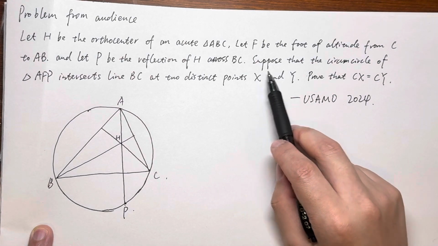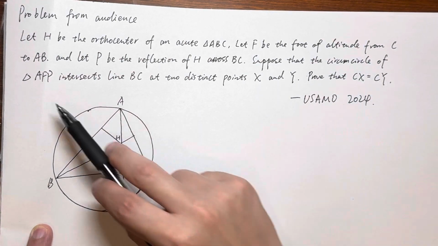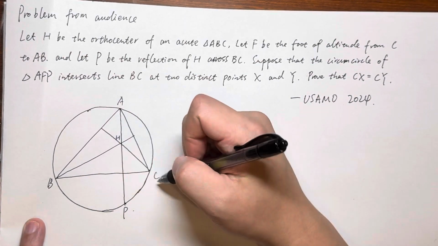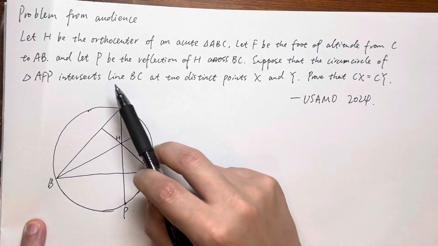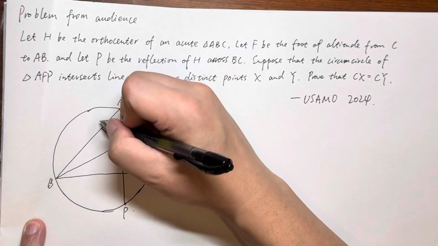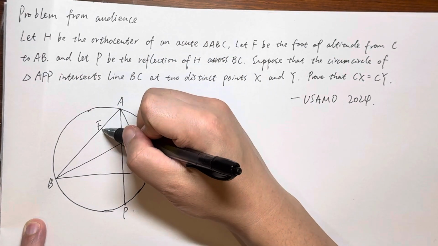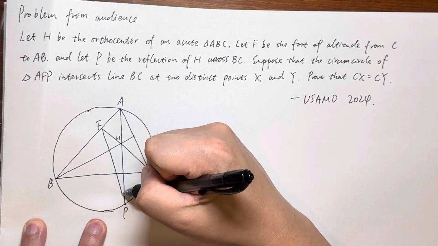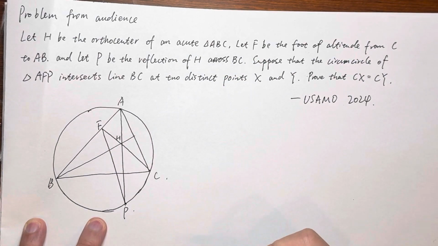Okay, and suppose we take the circumcircle of triangle AFP, right? F is the foot of the altitude from C to AB. So CF is the altitude, and we want to find the circumcircle of triangle AFP.